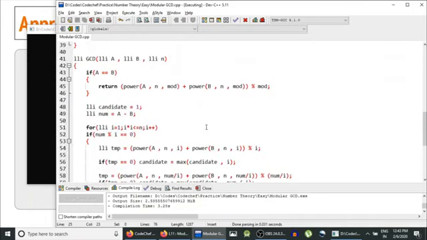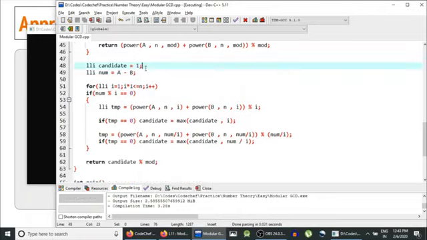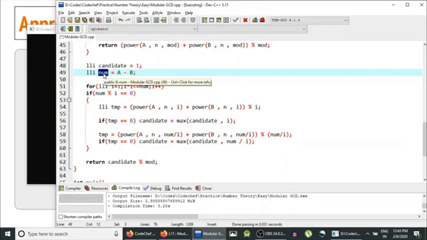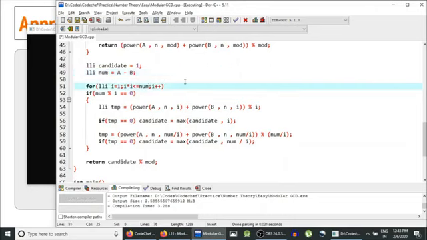If a is equal to b, then we have to calculate a raised to power n modulo mod plus b raised to power n modulo mod, finally mod, and we have to return this, of course. Otherwise candidate is 1. Starting from 1 we are going till square root of n. Oh, sorry, we don't have to go till square root of n, but we have to go till square root of num, because we are finding the divisors of num, not n. That was the problem.